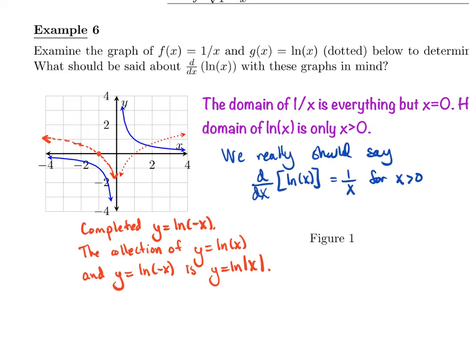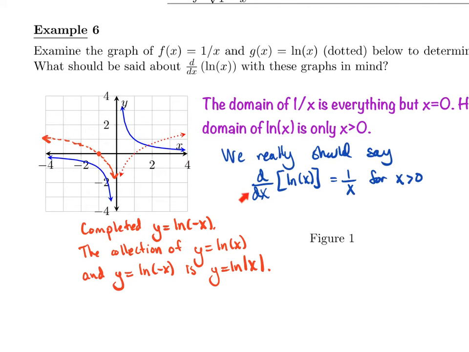So the way that we fix that is we do the antiderivative of 1 over x as the natural log of the absolute value of x. Putting that absolute value in there just means that we're now allowing x to be both positive or negative, but still not 0. So completing the other half, if you put these two pieces together, these red dotted, that is the natural log of the absolute value of x.